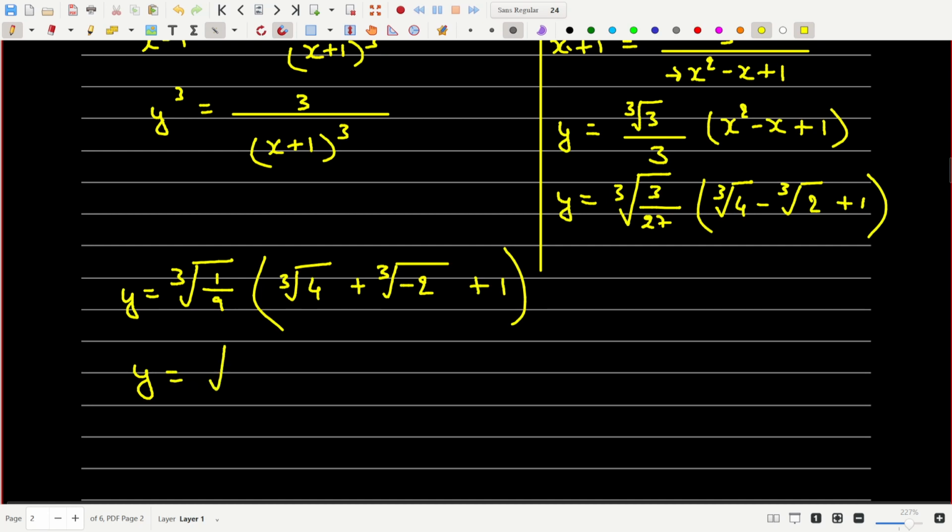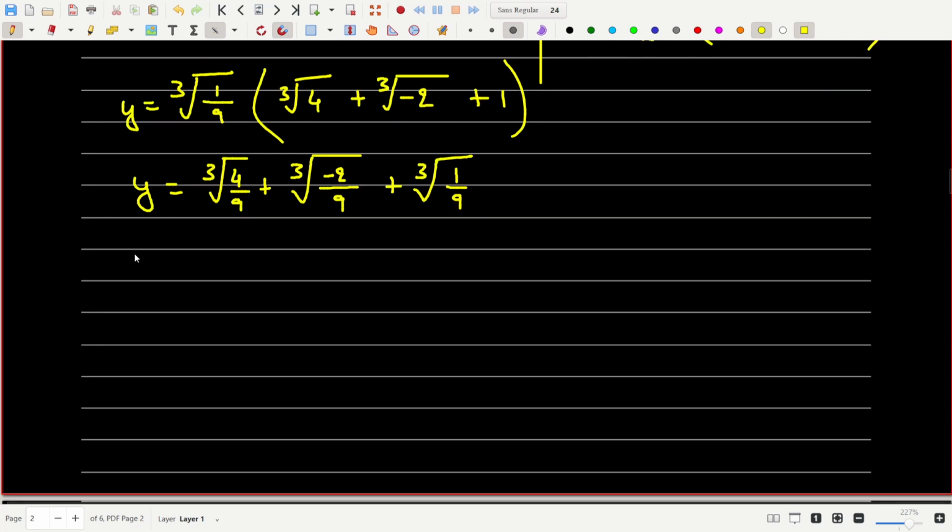So y is equal to cube root of 4 upon 9 plus cube root of negative 2 upon 9 plus cube root of 1 upon 9. Therefore, our triplet is 4 upon 9, negative 2 upon 9, and 1 upon 9.